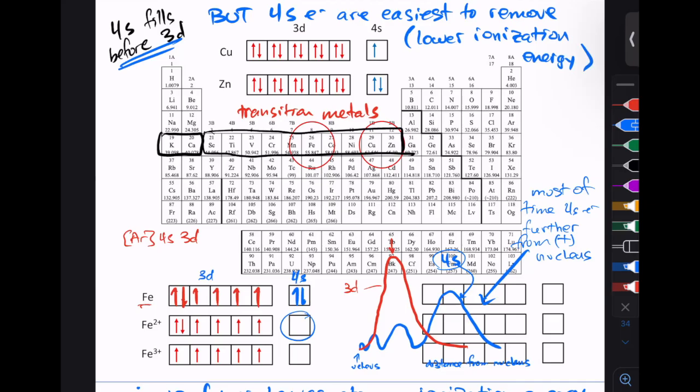And you can see this trend very easily with all the transition metals. Because when we're working with transition metals, the s orbitals are filled with electrons before the d sublevel orbitals are filled. So when these form ions, they're going to lose these first.